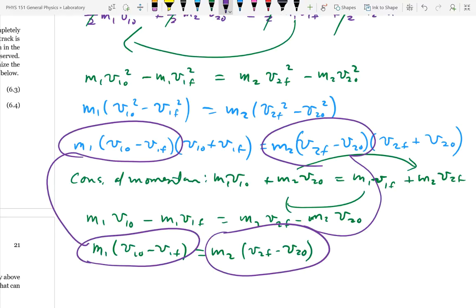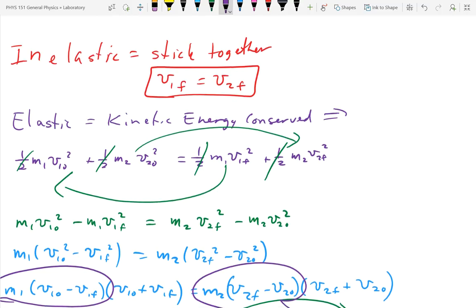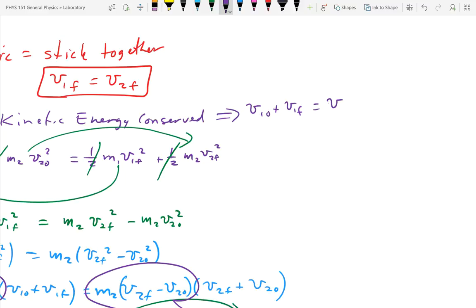So if I divide out M1 times V1 initial minus V1 final from the left side, and M2 times V2 final minus V2 initial on the right-hand side, I'm left with, for conservation of kinetic energy, the relationship that V1 initial plus V1 final equals V2 initial plus V2 final.